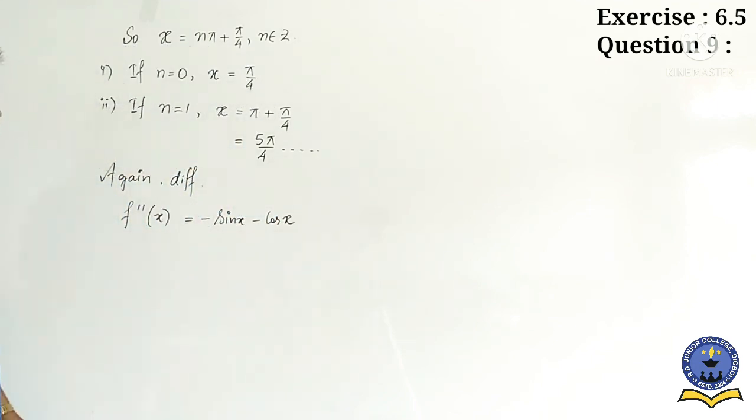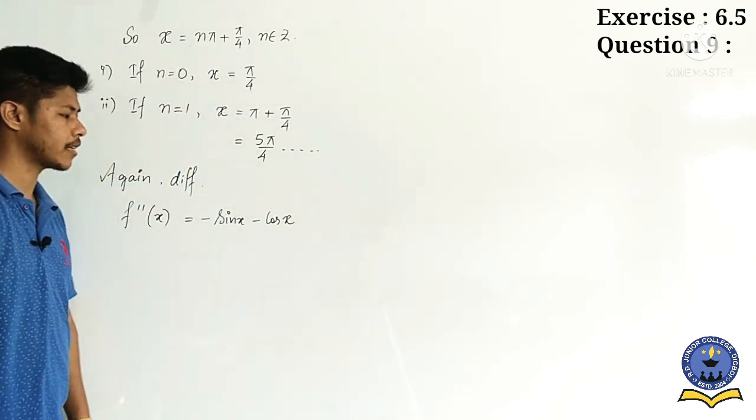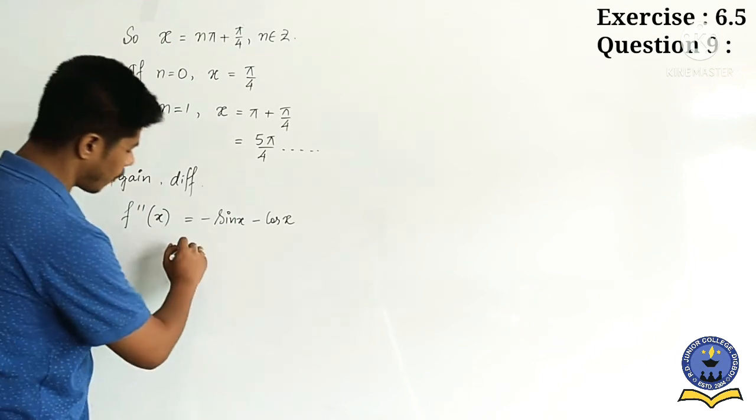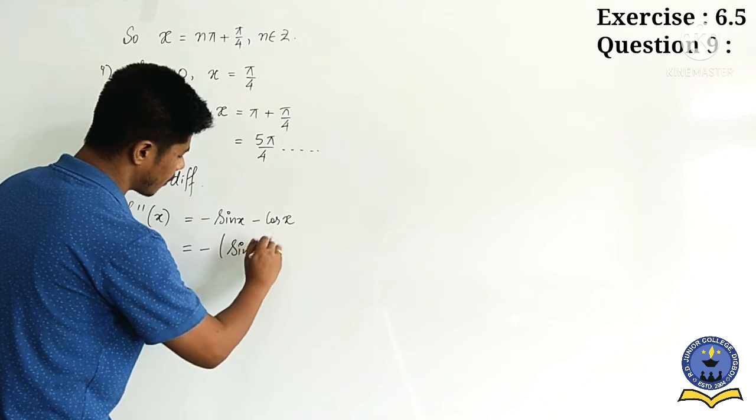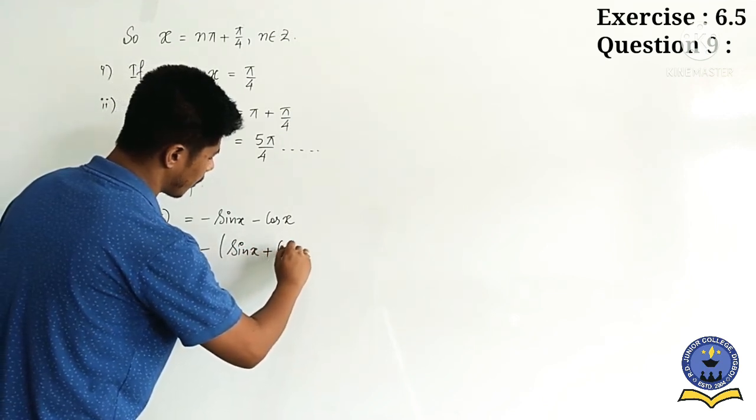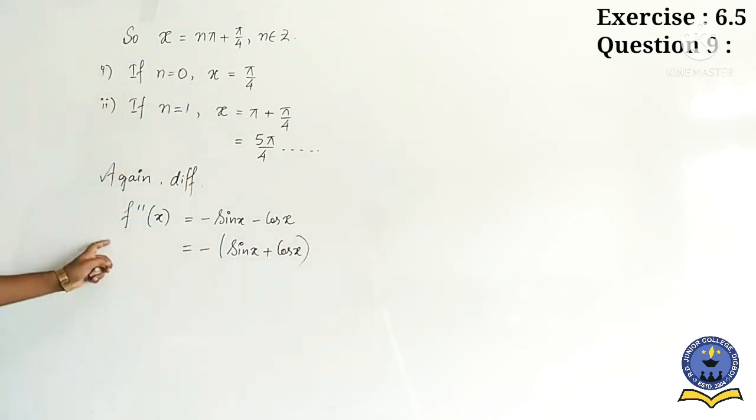So f double dash of x equals minus sin x minus cos x. If you take minus common, what remains is sin x and cos x. So f double dash of x is minus of sin x plus cos x.